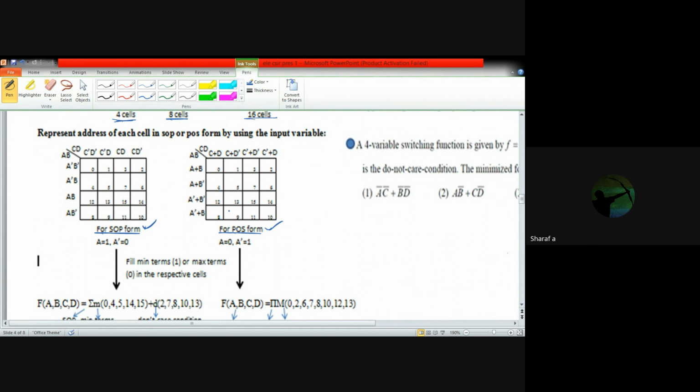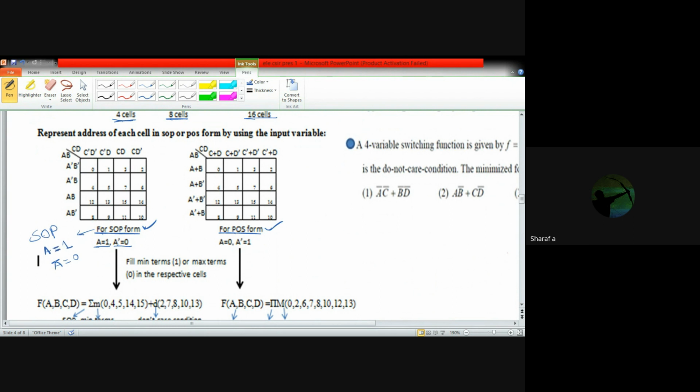So as we discussed earlier, in the case of sum of product form, very important, A will be taken as 1, A bar will be taken as 0. Remember that in SOP form, A will be taken as 1, A bar will be taken as 0. Which means if the variable is as such, it will be taken as 1.